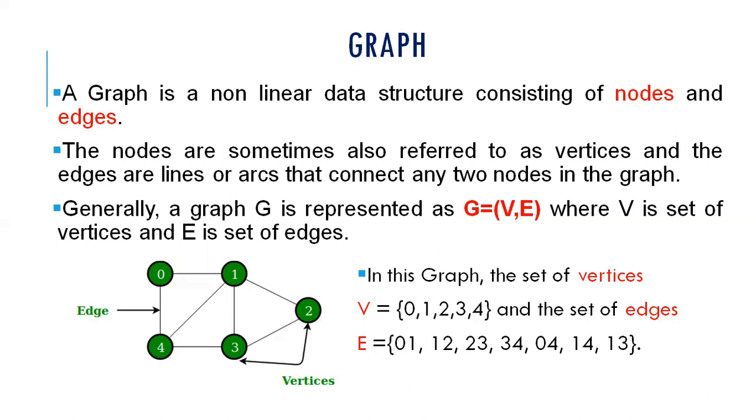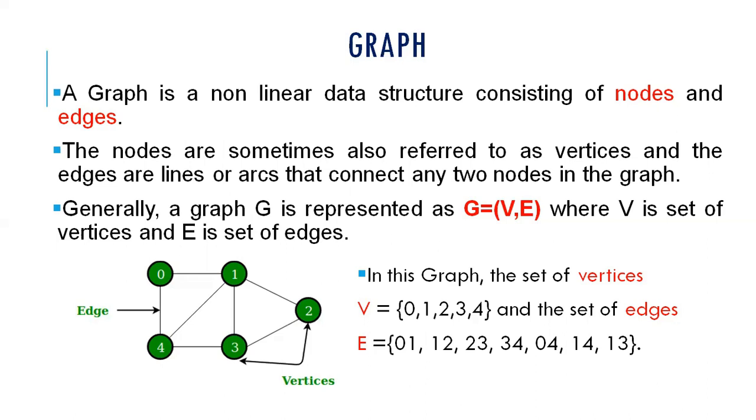If you look at this graph, we have 5 vertices: 0, 1, 2, 3, 4. As I told you, these also represent nodes, and the lines between the vertices are called edges. So we interlink these vertices or nodes through the edges.